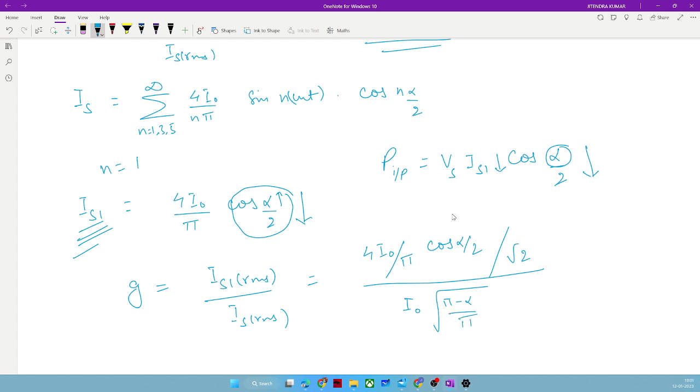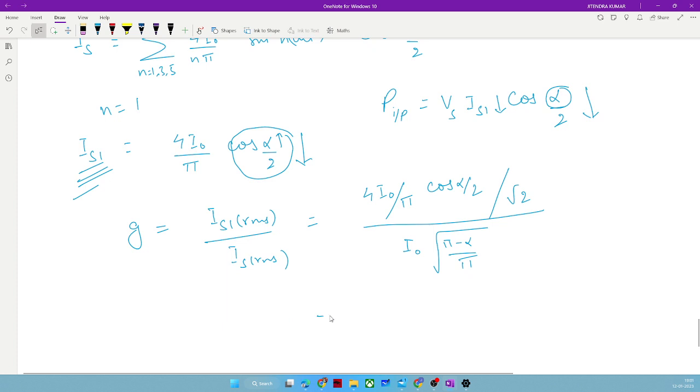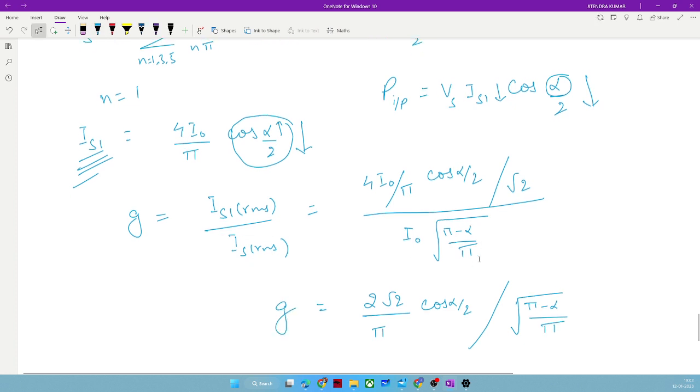Now it is up to you to compute: 2 root 2 by pi cos alpha by 2 divided by under root pi minus alpha by pi. So this is your distortion factor, which is a bit lengthy, but not much.